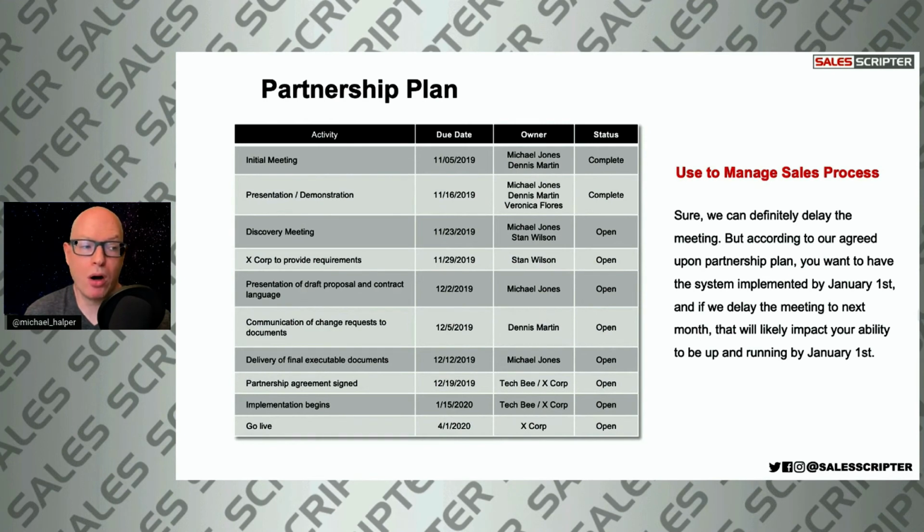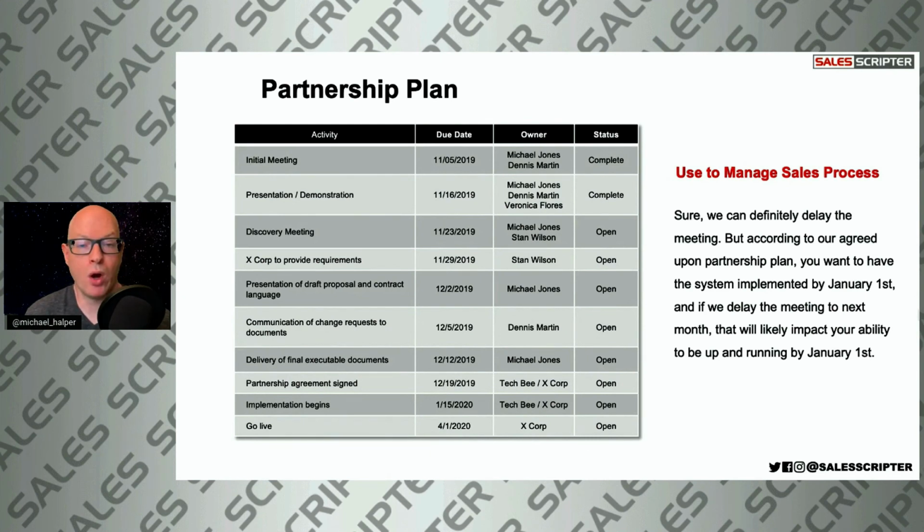But according to our agreed partnership plan, you want to have the system implemented by January 1st. We agreed on that. And if we delay the next meeting another month, that will likely impact your ability to be back up and running by January 1st. So I can certainly do that. Just so you know, the ramification is that we're most likely not going to hit the agreed upon go live date.